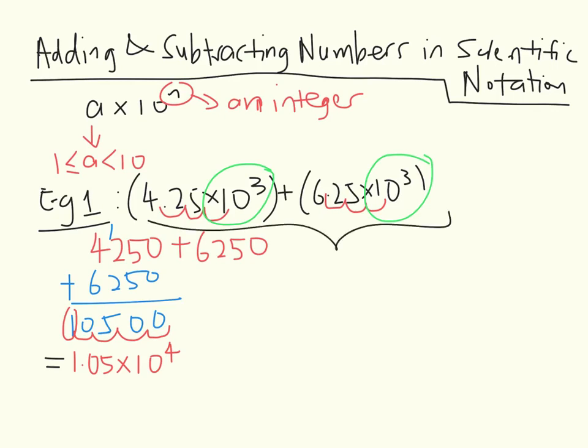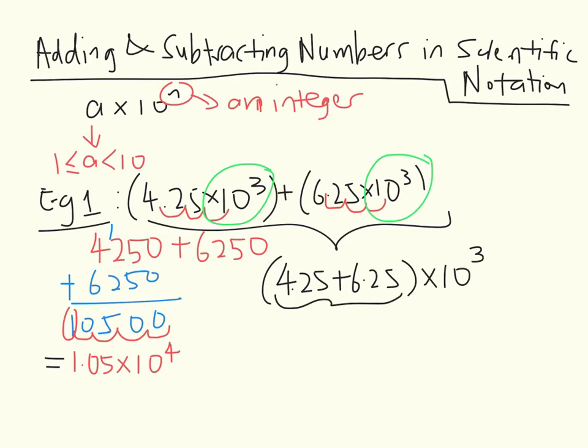I can write it as 4.25 plus 6.25 times 10 to the third. From here, I can add up these two numbers, and you're going to end up with 10.5 times 10 to the third.